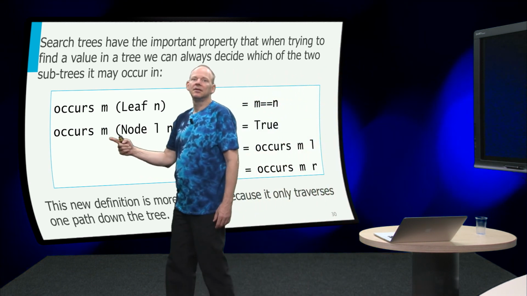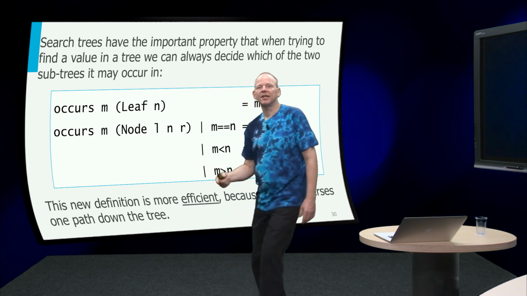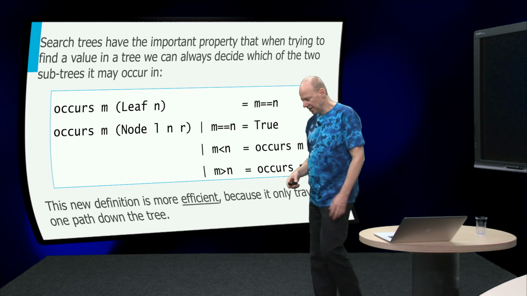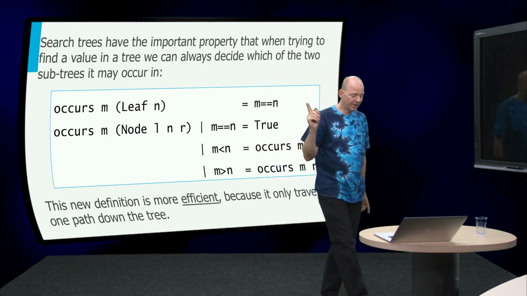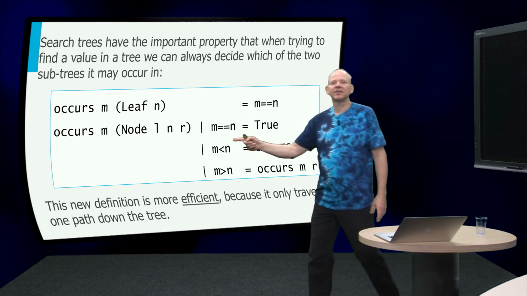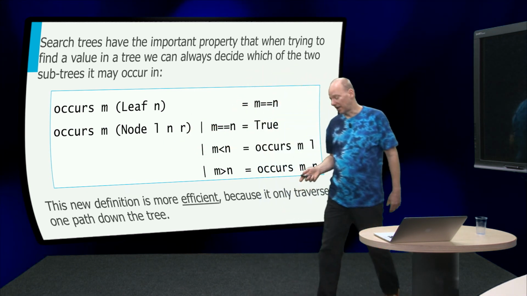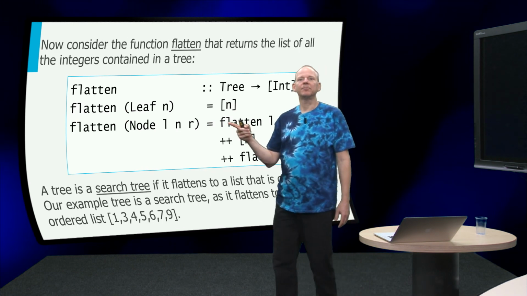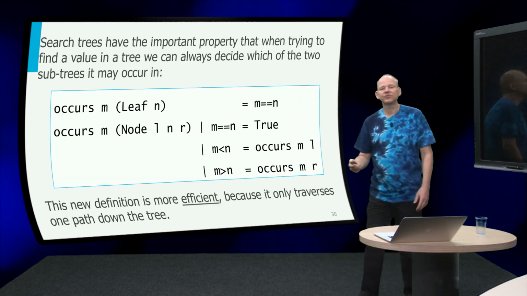If this gentleman here is larger than n, then we only have to search in the right tree. So now we don't have to search the whole tree, because we have exploited the fact that the values in the tree are in a certain relation, and we defined that relation by saying when you flatten the tree, the result is a sorted list.